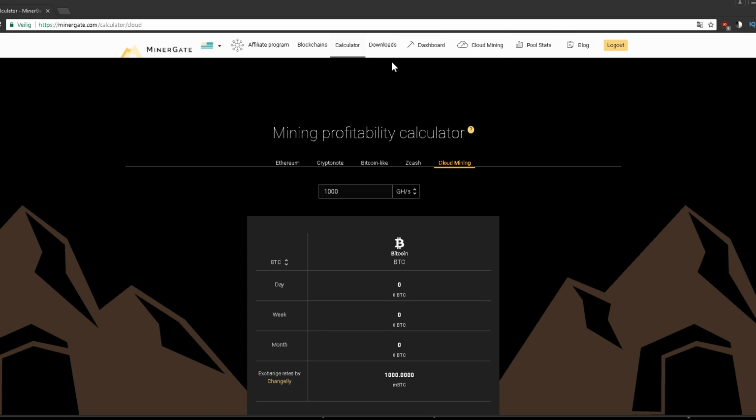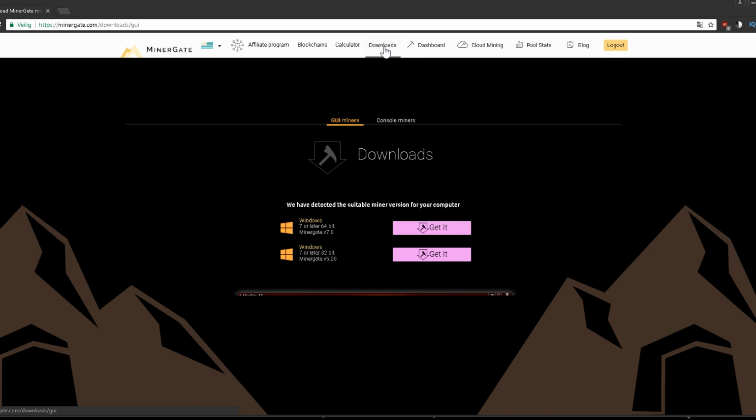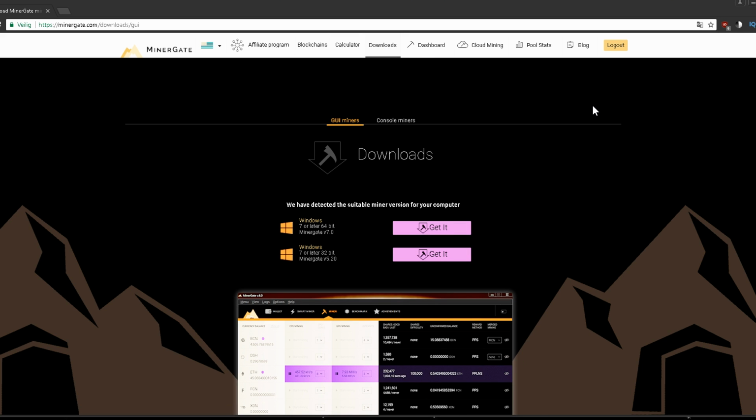Alright, now we're getting somewhere. Going to downloads. So what is this? This is very important actually. Once you have made an account here on Minergate, just log in, use your email and set it up. Download the client.